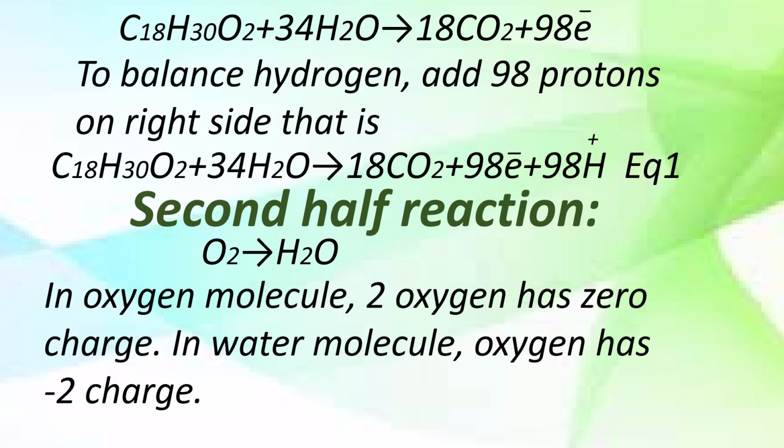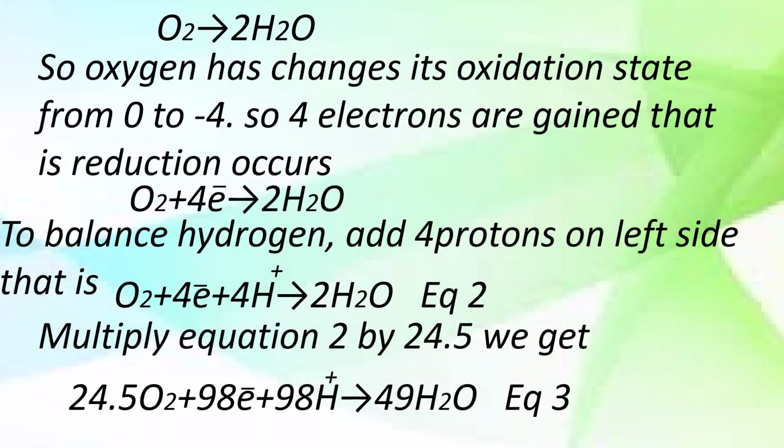Now, second half reaction. In second half reaction, oxygen is converting into water molecule. In oxygen molecule, 2 oxygen has 0 charge. In water molecule, oxygen has -2 charge. We will place 2 in front of H2O because one oxygen in H2O has -2 charge, but 2 oxygen has -4 charge.